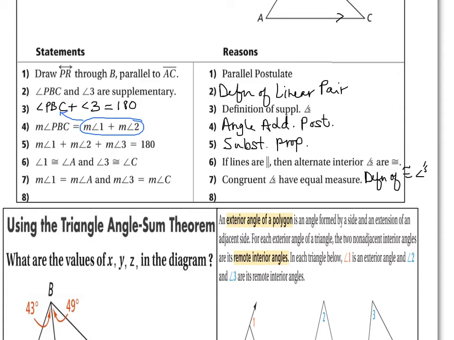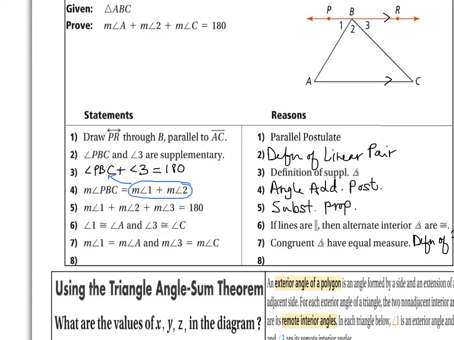And then the last one now, we know that our statement for 8 must be the statement from up here. So the measure of angle A plus the measure of angle 2 plus the measure of angle C equals 180 degrees. Now I want you to look, because these two, 5 and 8, are related to each other.